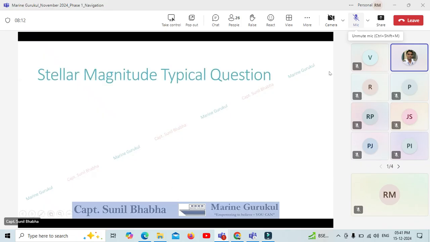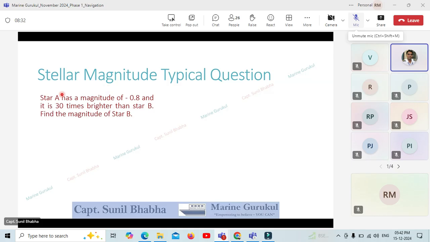Now, the first concept which we are going to look into is the concept of stellar magnitude. Now, we are aware stellar magnitude is basically a scale which gives us the apparent or relative brightness of different celestial bodies. Let's see the question.